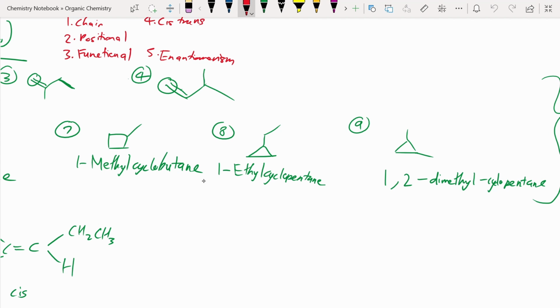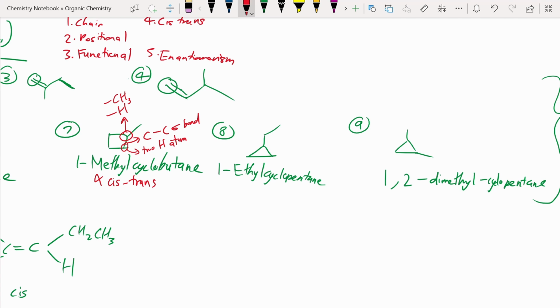Only this carbon is bonded to a CH3 and a hydrogen. However, for cis-trans isomerism, if you treat this as the C sigma bond in the small rigid ring, then this one must also have 2 different groups. However, this one has 2 hydrogen atoms bonded to it. So this one has no cis-trans.